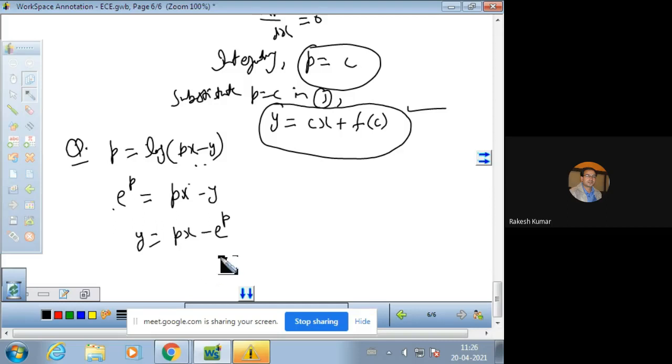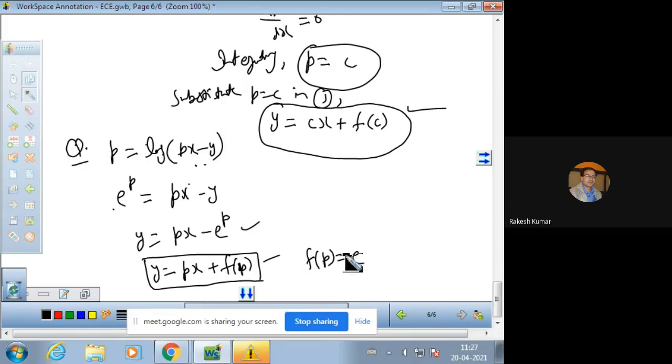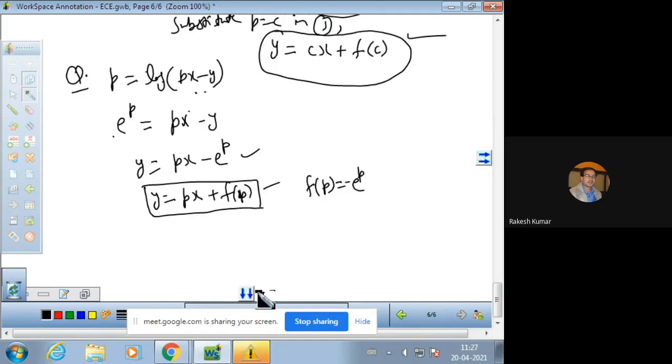And now you know that this is a Clairaut equation of the form y is equal to px plus f of p. You can compare this equation with the Clairaut equation, and on comparison you will have f of p is equal to a function e raised to power p. Now simply you will be able to find out the solution by using p is equal to c in this Clairaut form.